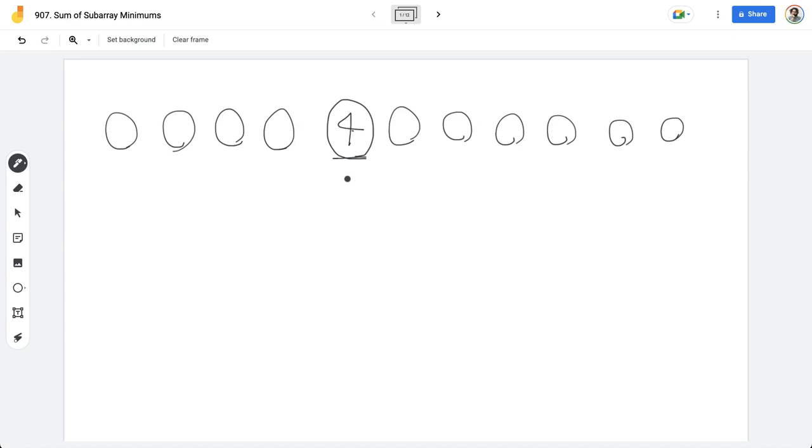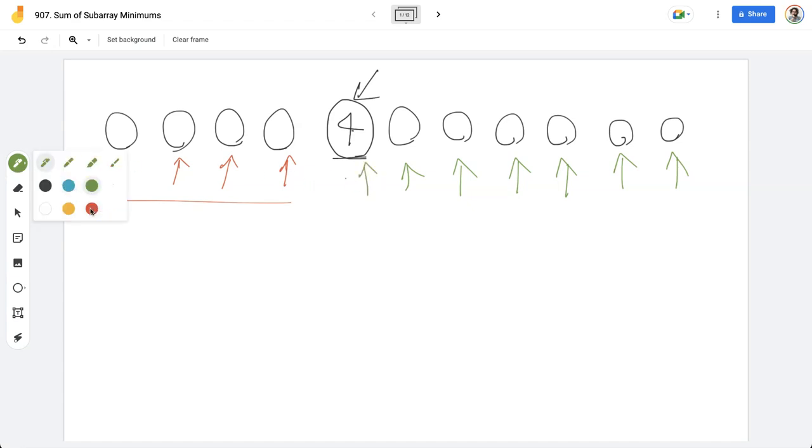And we can choose any index from the left, like this one, this one, this one, and any of these ones from the right. Or if we want the length to be 1, we can also choose 4 itself for the right one, or use 4 itself for the left one.